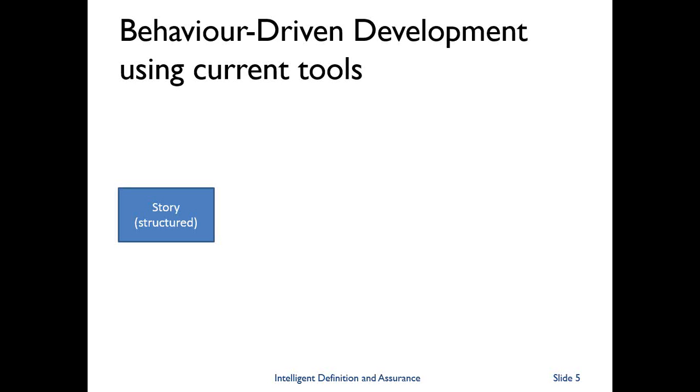The principle is this: the source of knowledge for a requirement is captured in a story, which is in a structured language. There are several formats, but the most popular format out there is Gherkin.